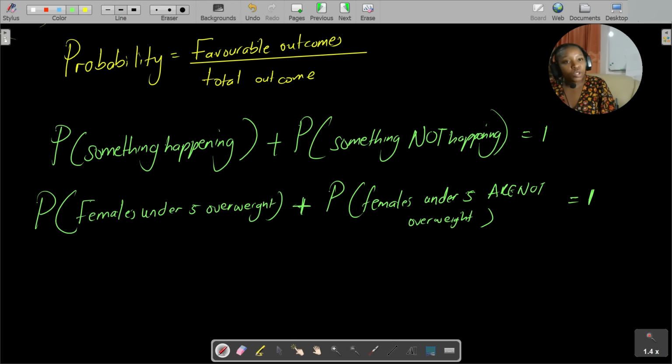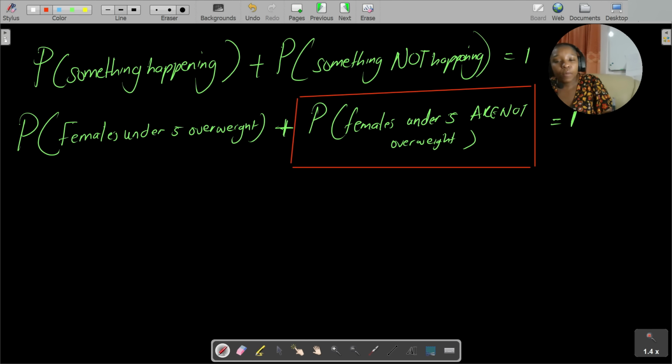So I'm just going to solve this equation for my unknown. This is what I'm trying to solve for: the probability that the females under 5 are not overweight. I'm going to leave that on the left hand side.